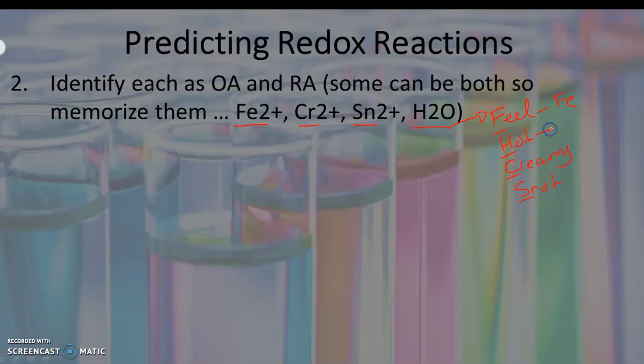Fe. This is water. This is chromium. And this is tin. He had to make it up because I Googled it and tried to find a picture if it was used anywhere else. Apparently it's not. Nothing came up actually.